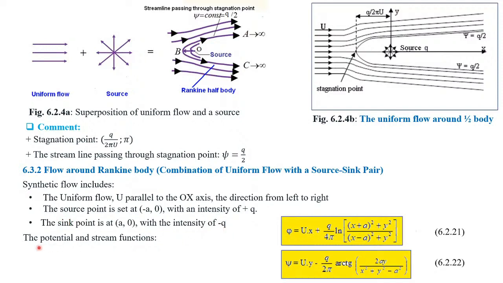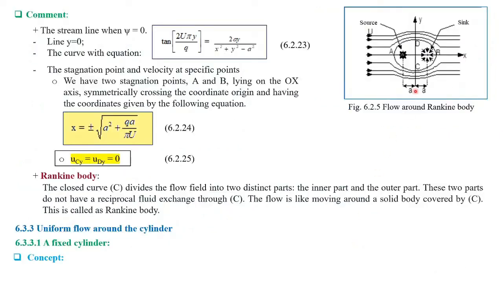So we can find the potential and the stream function like this. This is phi, and this is psi in the Cartesian coordinate system. And this is the graph.